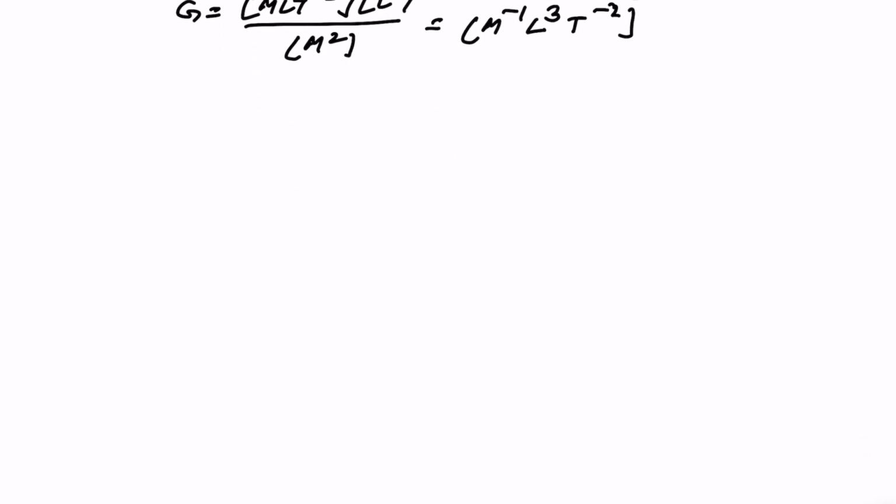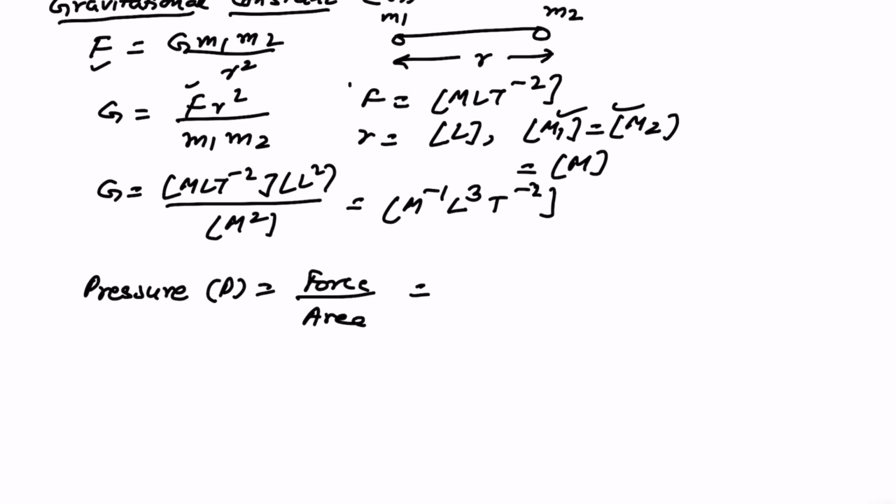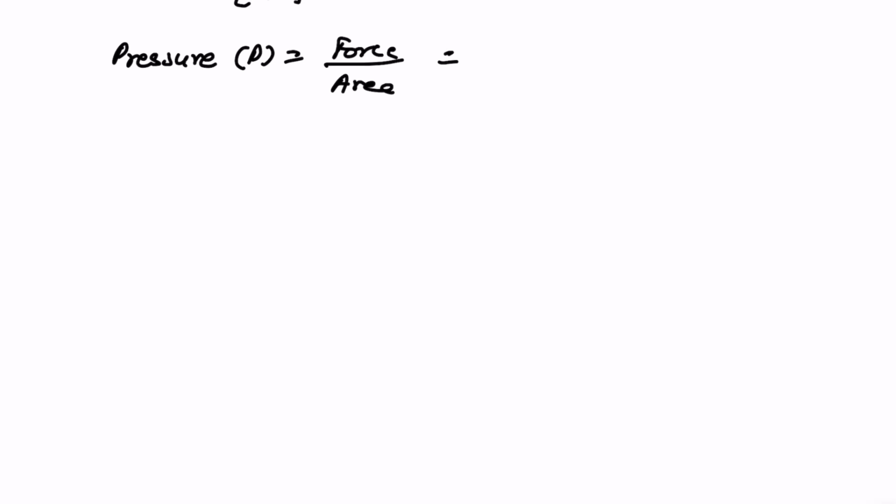The second quantity which is quite usually used is pressure. The formula for pressure is force upon area. Now we already know the dimension of force is MLT minus 2. In case you want to see how this dimension comes, we know force is mass into acceleration.